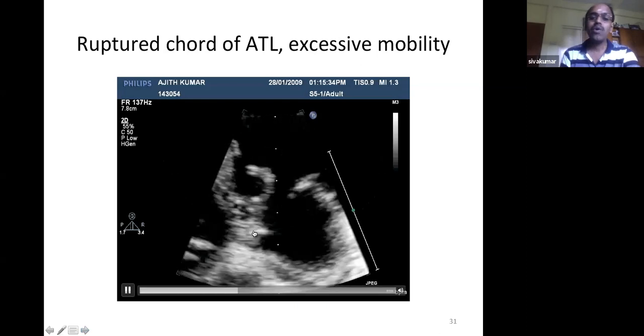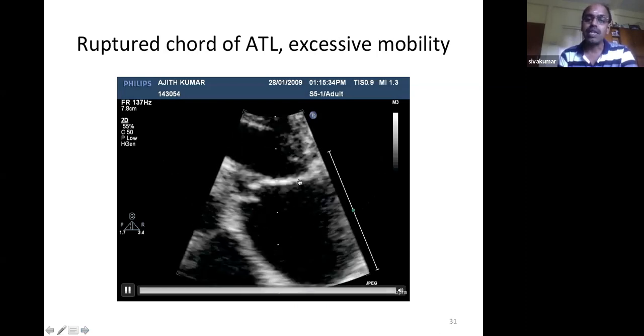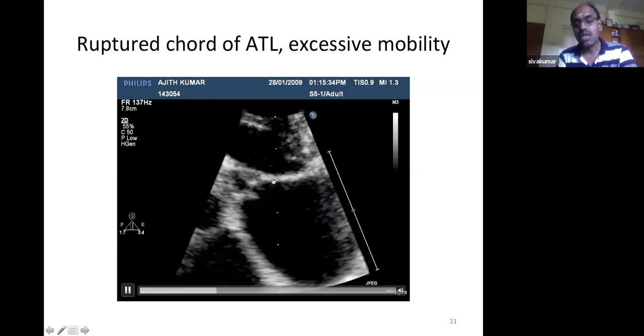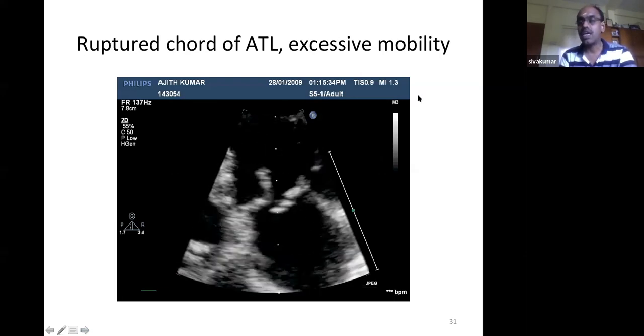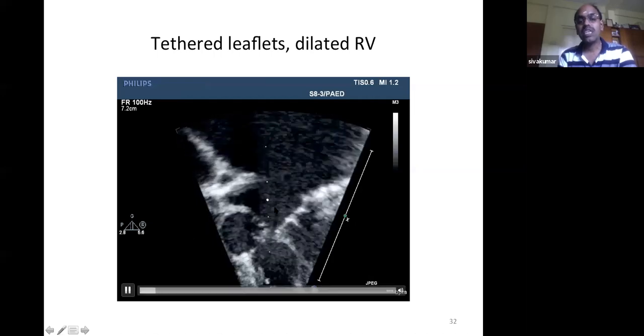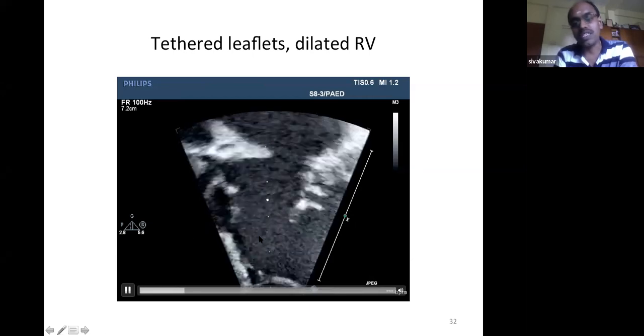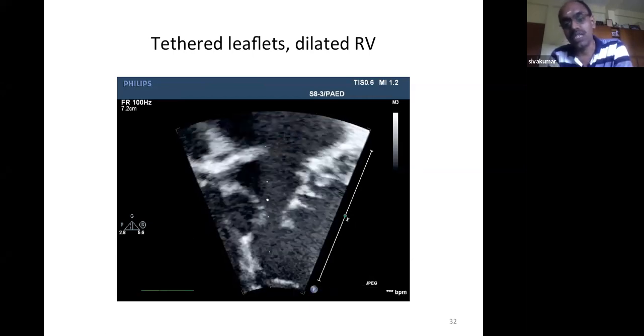You can have varying types of abnormalities. Anterior tricuspid leaflet chordae ruptured, leading to flail chordae. You can have significantly tethered chordae. I will come to it in the second session about the surgical management.